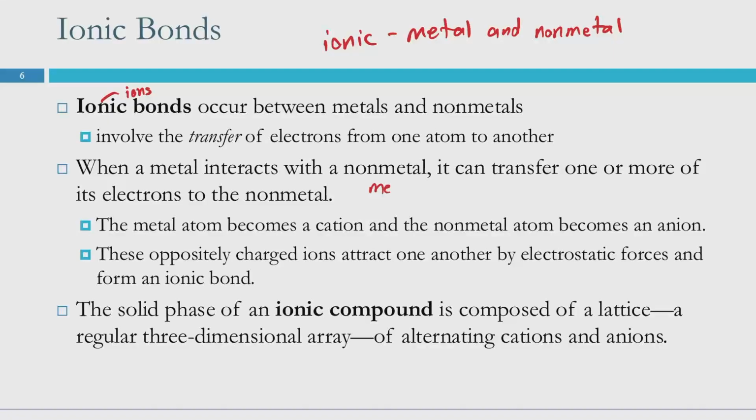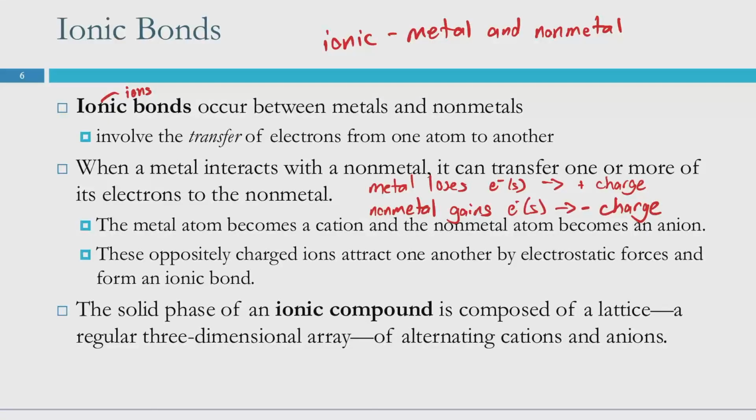So the metal loses an electron, maybe multiple, and so it becomes positively charged. The nonmetal receives or gains those electrons, possibly multiple, and it gets a negative charge because now it's got extra electrons.